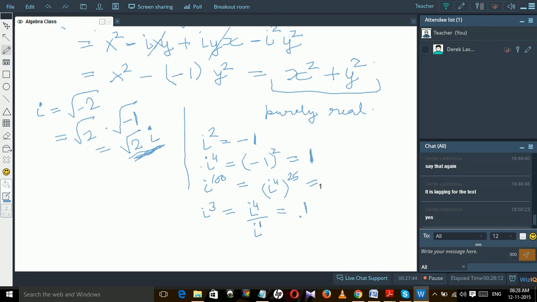This is the same as iota to the power 3. So you know this value. This is 1. And iota to the power 1 is iota.